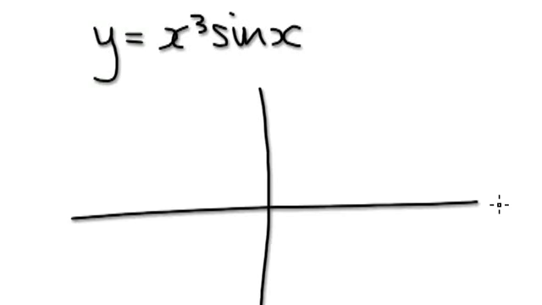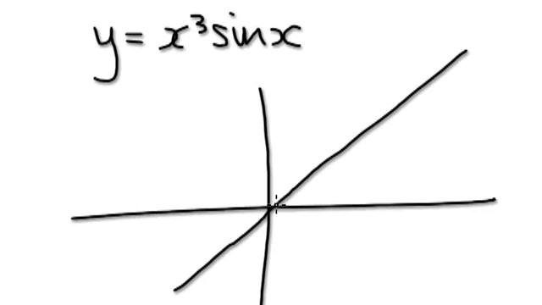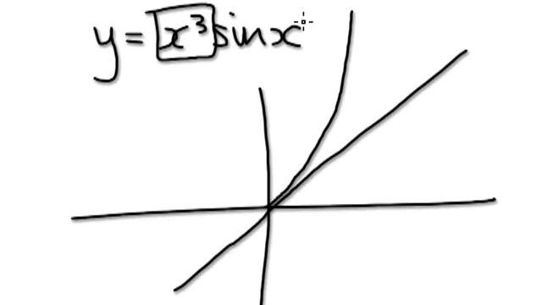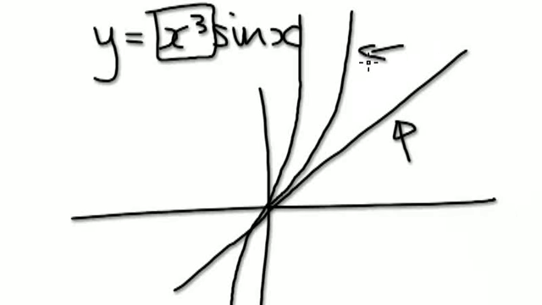Remember, y equals x will be a straight line like this. X squared would be like this. It climbs a lot faster. Now, x to the power of 3 would be even steeper, a lot steeper than y equals x and y equals x squared.